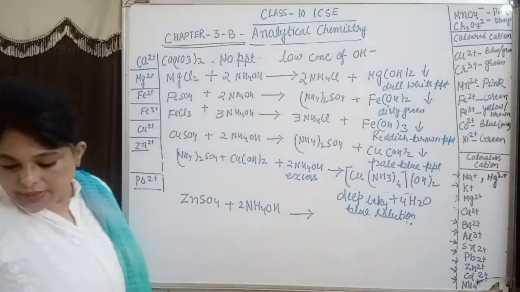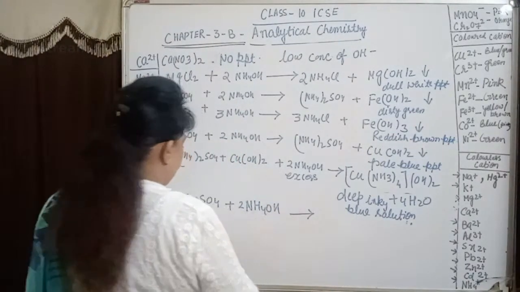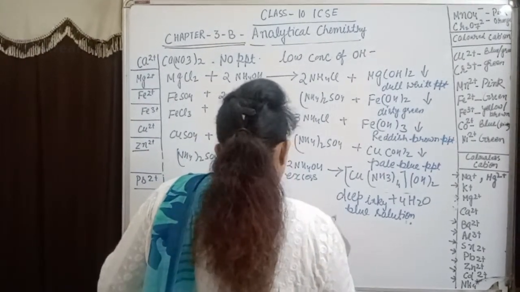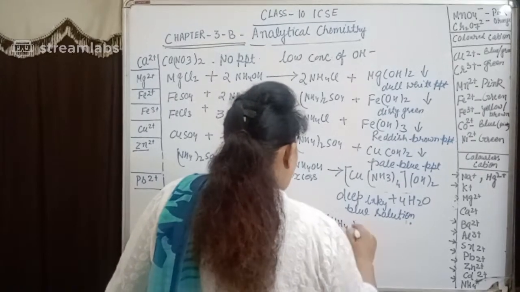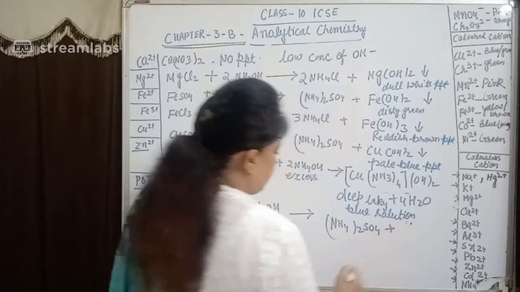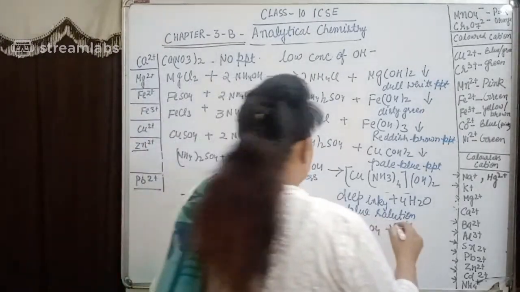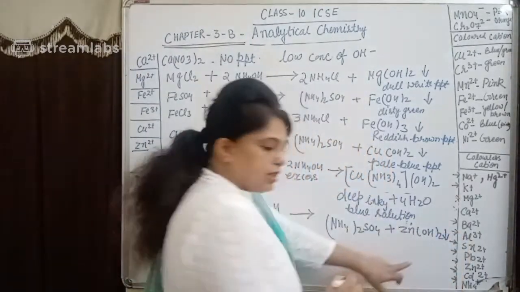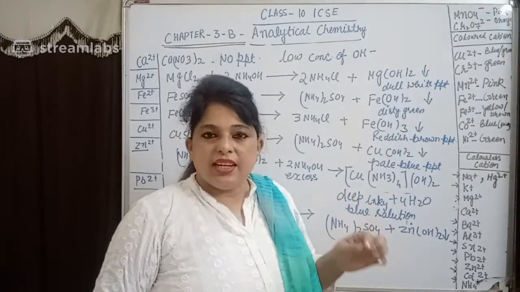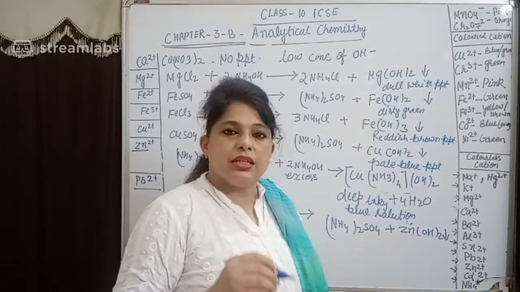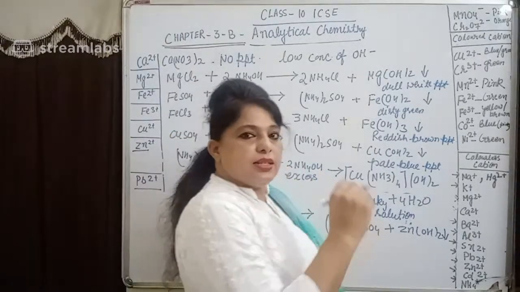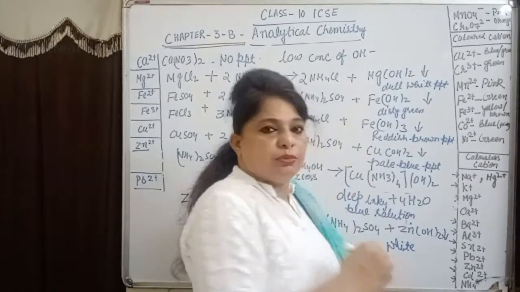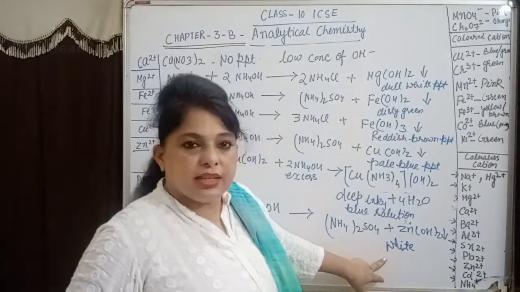White gelatinous precipitate, or you can say dirty white precipitate. So Zn, we are going to get (NH4)2SO4 ammonium sulfate, which is a soluble one, and we are going to get zinc hydroxide precipitate. And what is the color of this? White gelatinous precipitate, or dirty white precipitate, right?